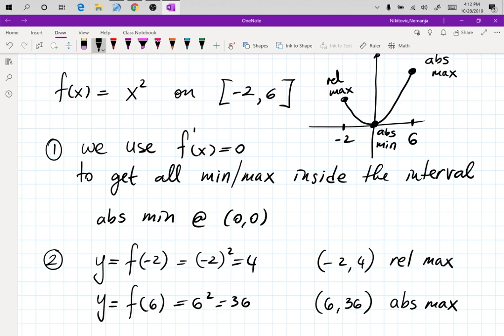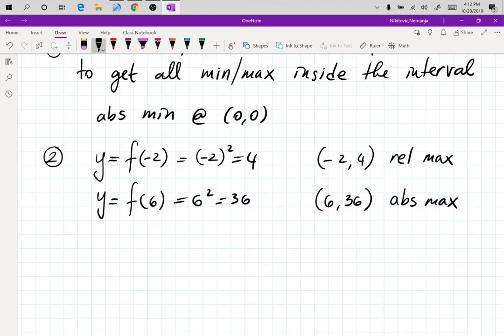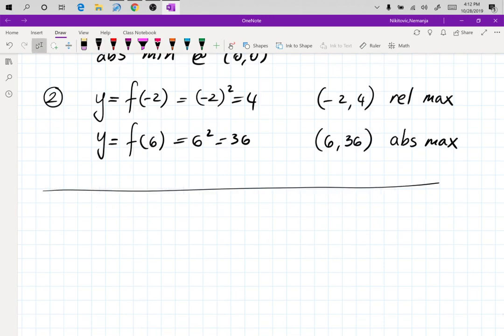Now, I just need to point something out, because it might not be clicking right now, but maybe when you start doing the homework, the question might appear. And that is, any time you have a restricted domain, you are guaranteed to have min and max.